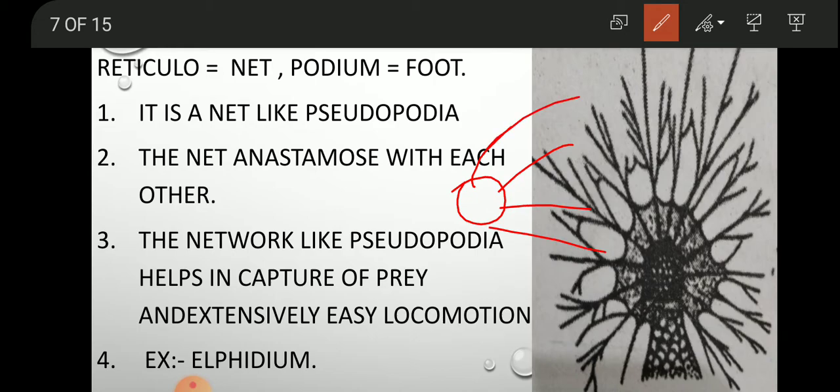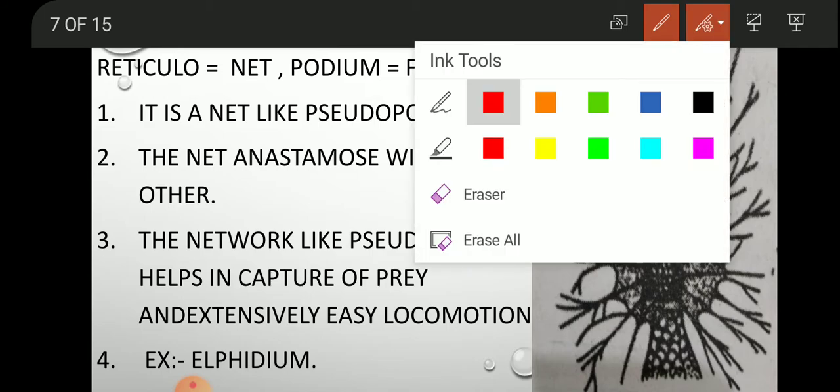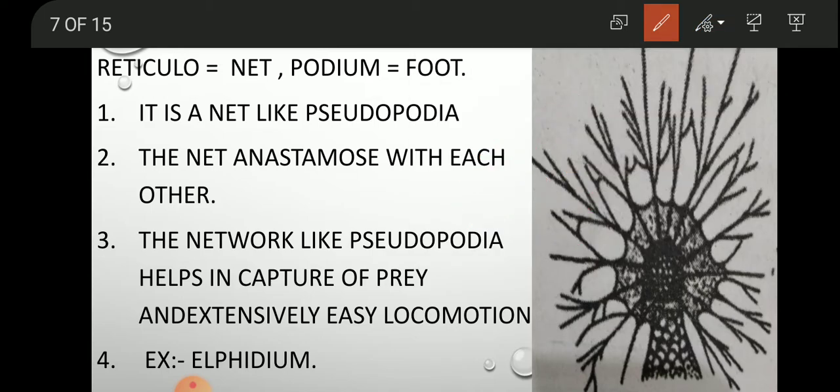So whatever mosquitoes come in the net, they get attached and captured in the net. Likewise these pseudopodia also have the same function. Whenever the prey comes nearby, the prey gets captured into this net, is it not?